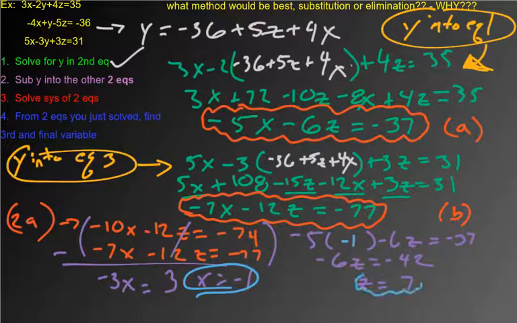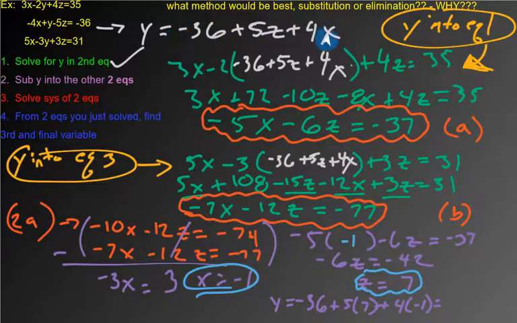And then now you just want to go back to the beginning, and you want to pick an equation, maybe this one, that would be a good one to solve to get the third and final variable, which is y, right? So I will just do, running out of room here, but if I plug in 7 for z and -1 for y, right?